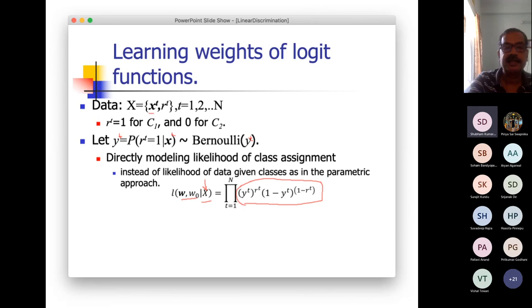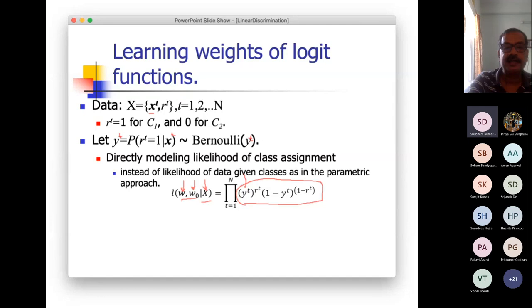So it's a product of all such probabilities of samples given the labels. That would give you the corresponding likelihood. Our objective would be to estimate those w and w naught which will maximize this likelihood.